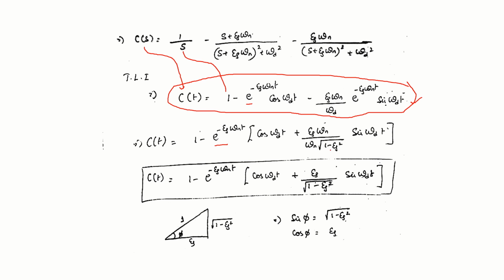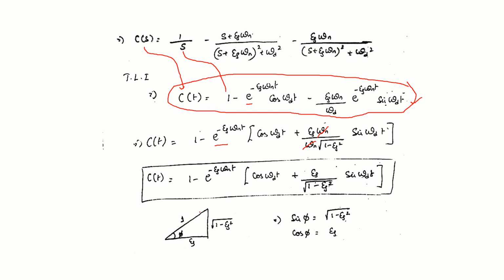Omega d is nothing but omega n under root 1 minus zeta square, sin omega d t. Next, I will cancel this omega n and this omega n. Then you will get 1 minus e to the power of minus zeta omega n t times cos omega d t plus zeta by under root 1 minus zeta square sin omega d t.